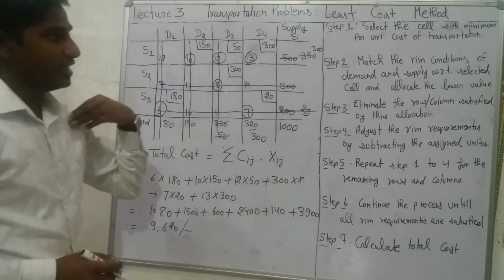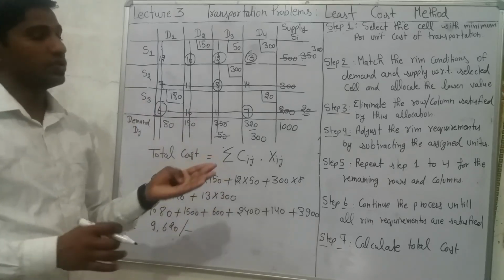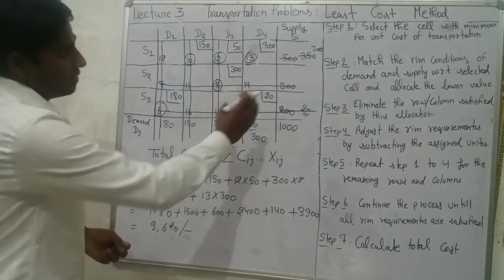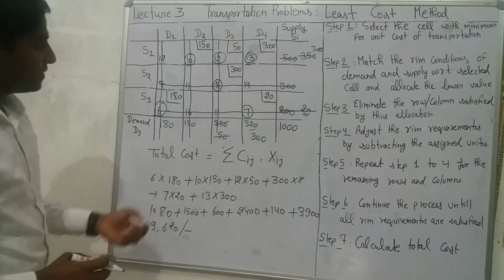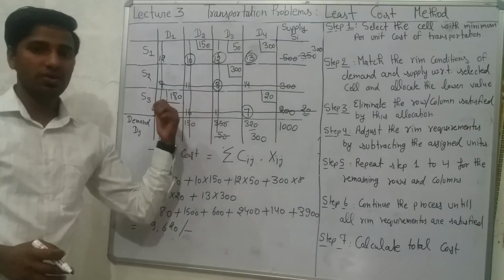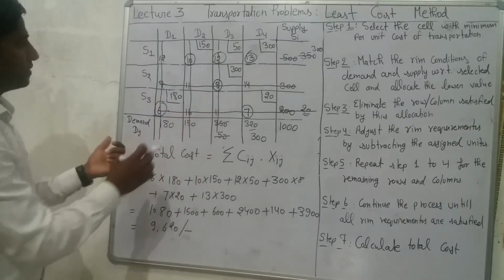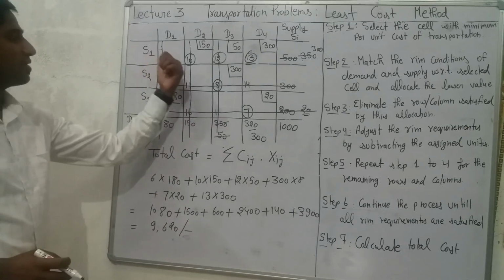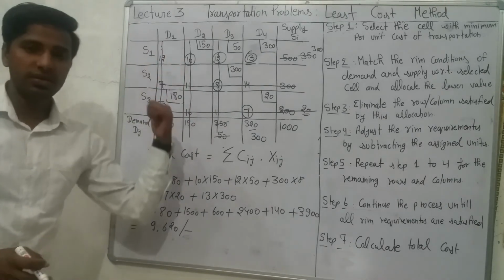In addition to this, there is also a drawback of this method. And what is that? In the least cost method, we just include the absolute cost of transportation. Absolute cost of transportation means we just consider the per unit cost of transportation given in a particular cell.